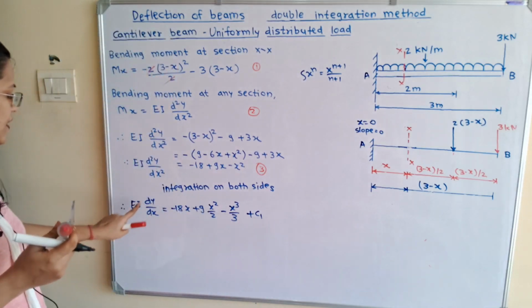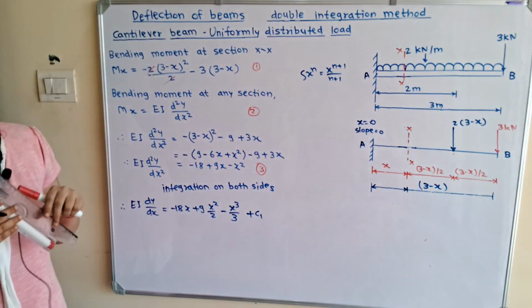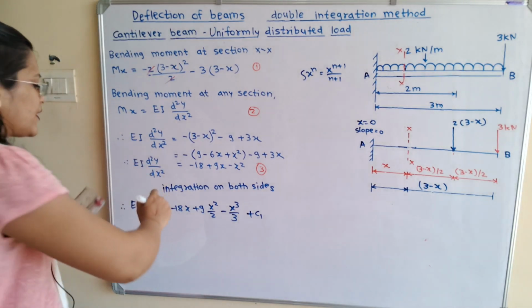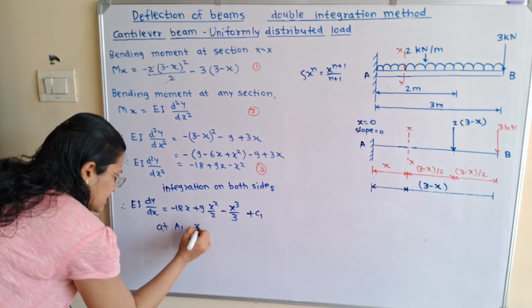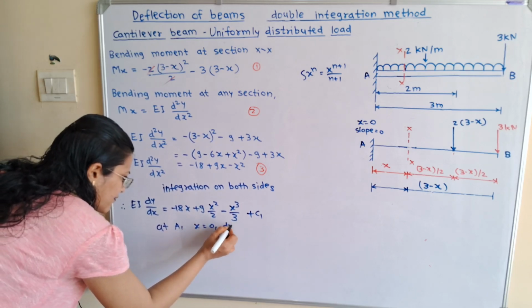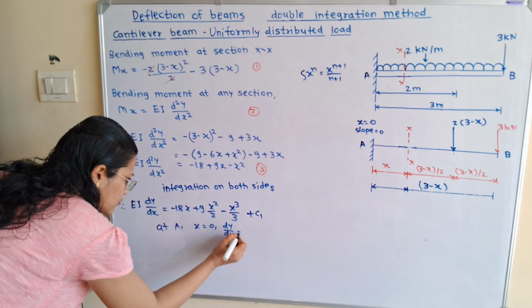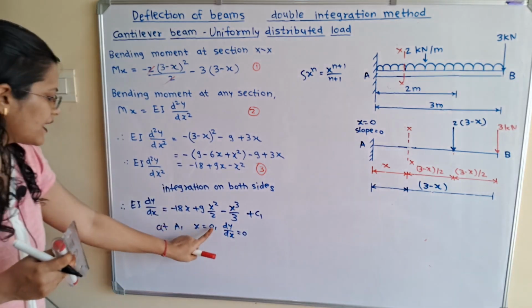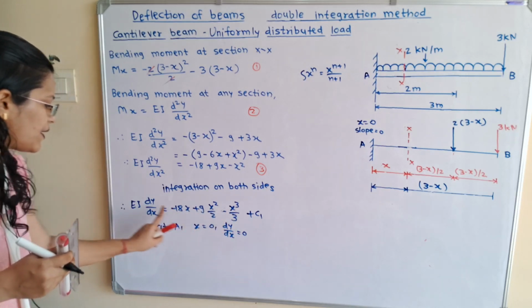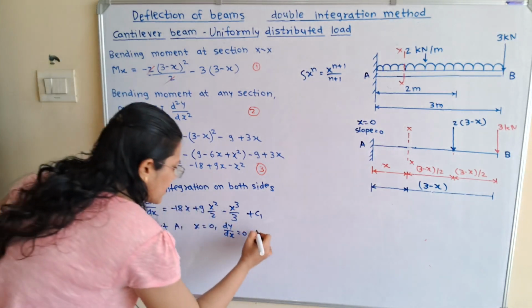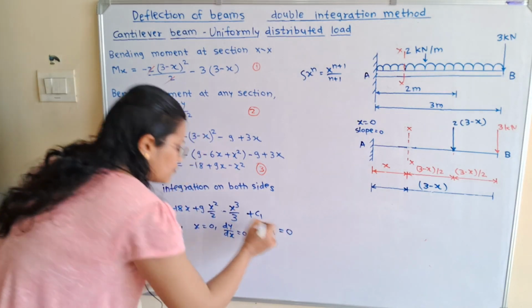In this equation, this dy by dx is known as slope. So we can say that at A, x is equal to 0, dy by dx is equal to 0. Now when we put x is equal to 0, then this whole term will become 0. dy by dx is also equal to 0. Therefore c1 is equal to 0.